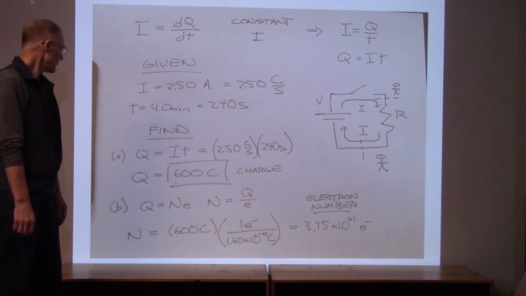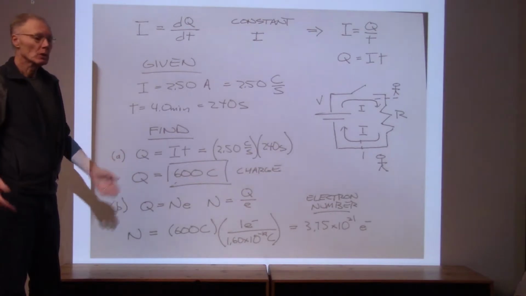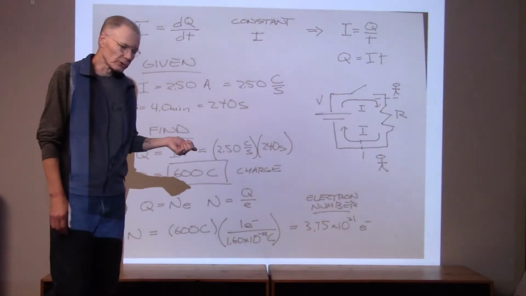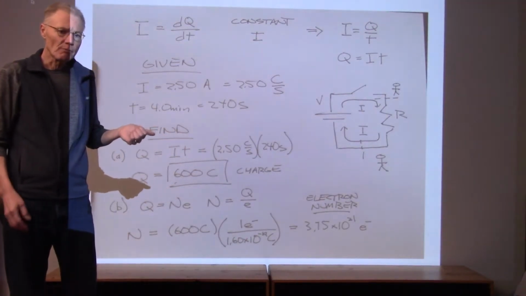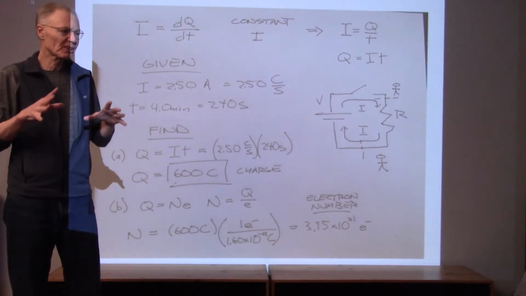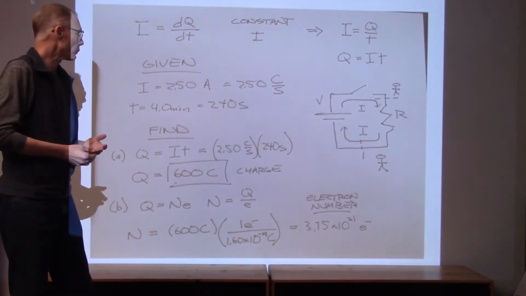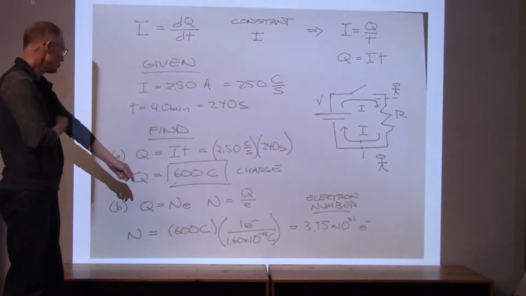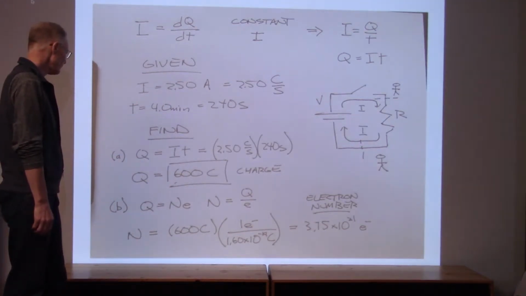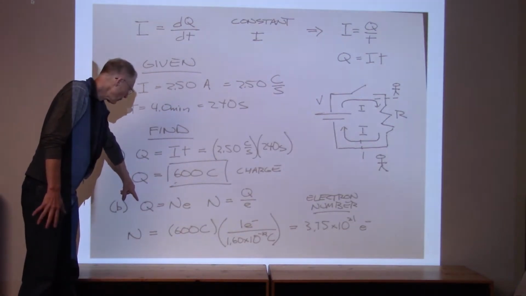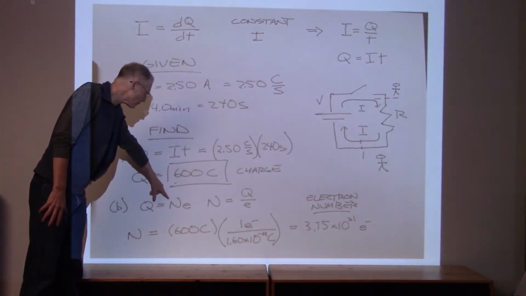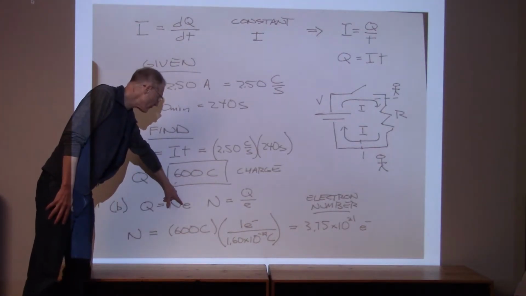All right. Now, how many electrons is that? So remember, we're measuring the charge in terms of coulombs, but the particles, the charge carriers, are the electrons that are going past our observers. And so to calculate that, we're going to say that the total amount of charge that went by is equal to some number of fundamental charges.